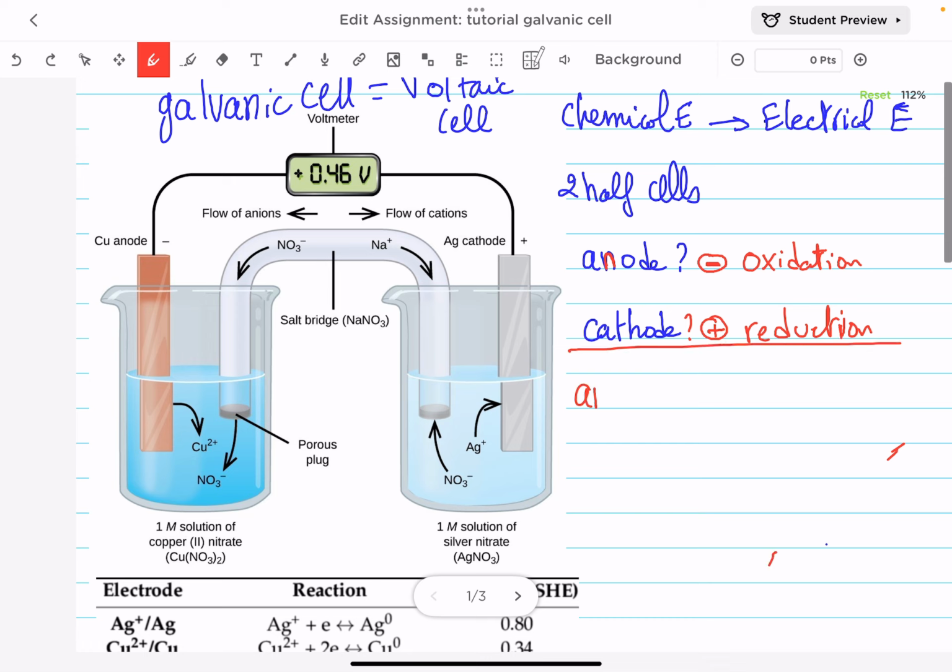So again, I'm going to write here: at the anode, there's an oxidation, and the metal loses electrons and turns into an ion. So for example here, looking at this anode, which is the copper, it's the copper metal turning into copper ion.